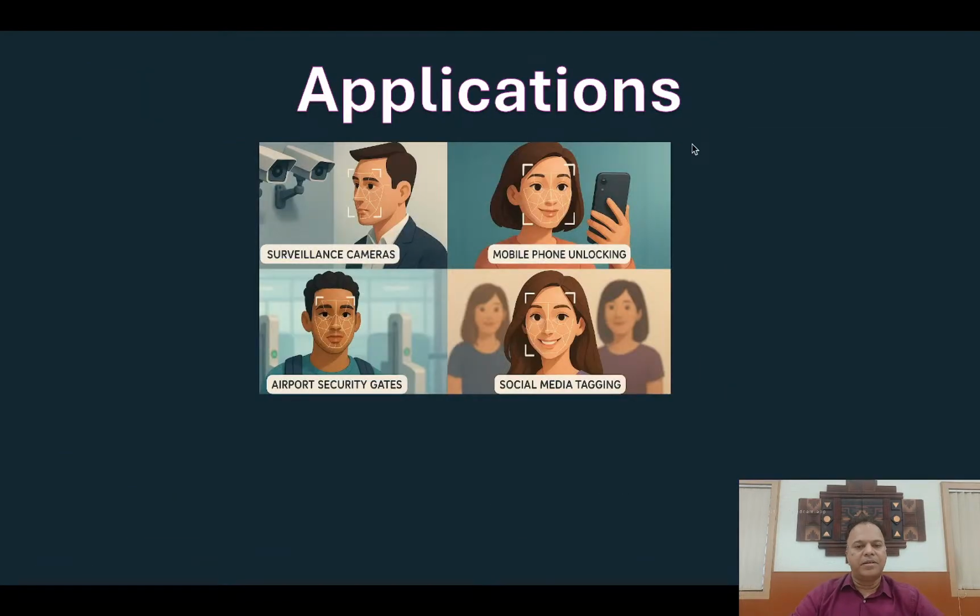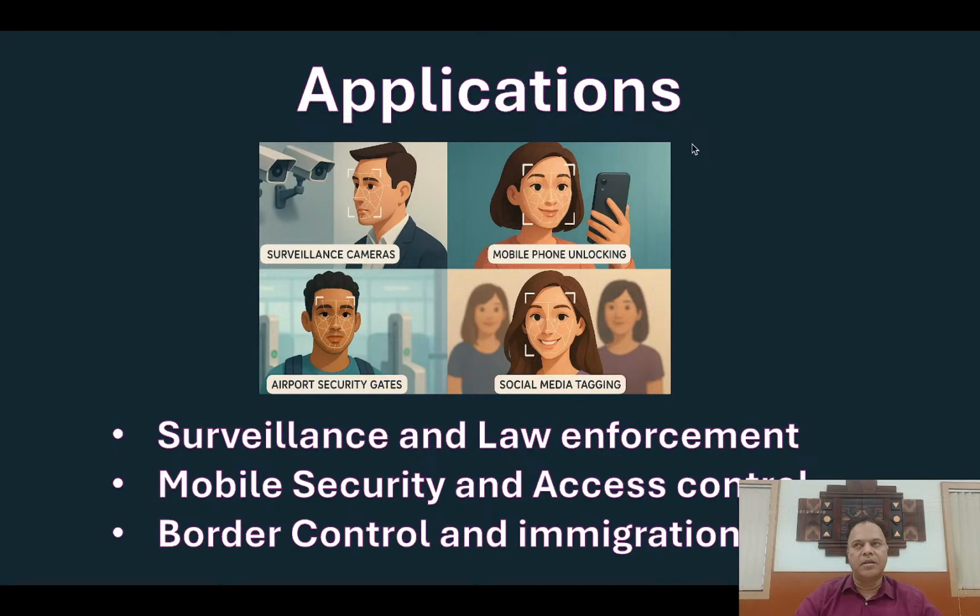What are the different applications of face recognition? It's a very useful thing. Now it has already invaded our lives. We are doing face recognition in so many places, both for personal use and by companies and organizations, who are using it full time. We have surveillance cameras used by, for example, police and law enforcement, detecting people.